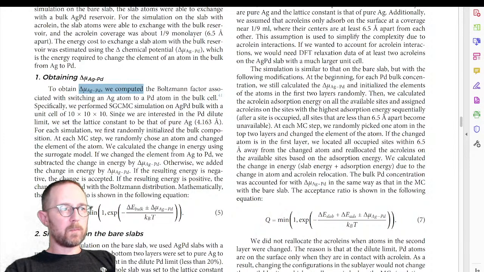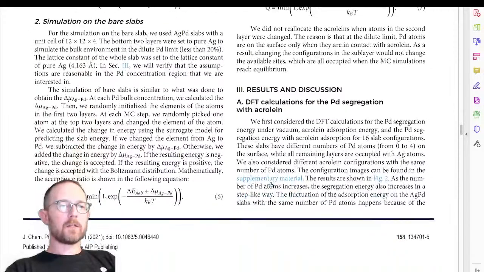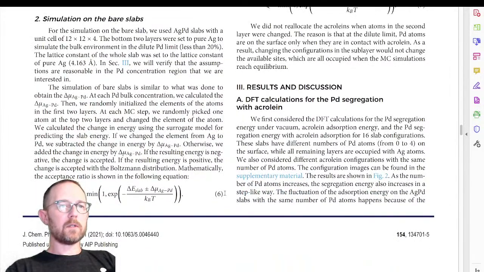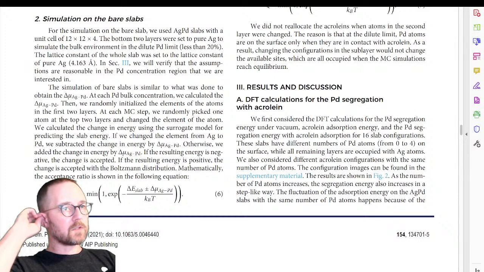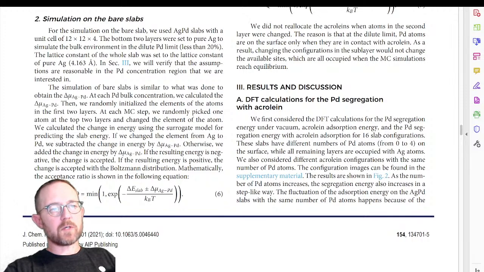Once we fix a chemical potential, we can allow the bare slabs to exchange atoms and see what the eventual concentration in the surface is. And finally, we can do the same thing where we add the energy of the slab plus absorption plus the chemical potential, and that gives us the full set of conditions that we're interested in looking at.